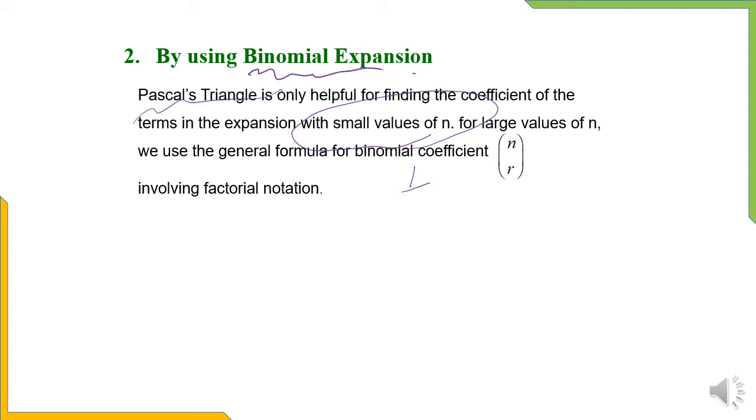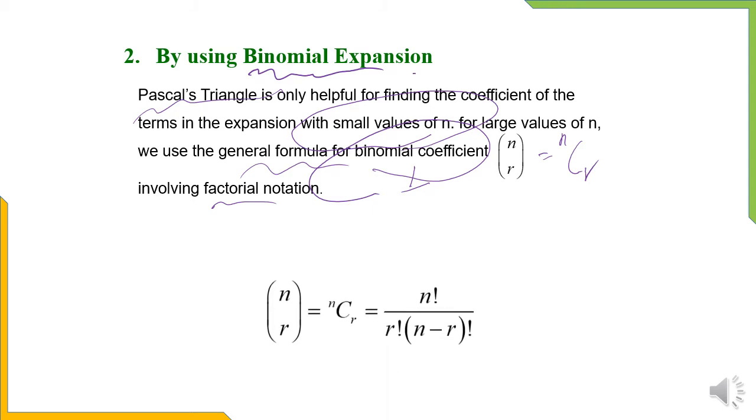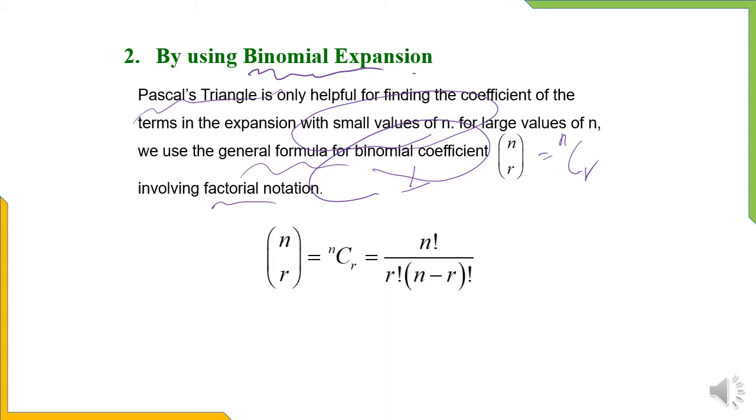So for large values of n, we use the general formula of the binomial coefficient, which is equivalent to n choose r. This formula involves factorial notation. So what is n choose r? It is equal to n factorial divided by r factorial multiplied by (n minus r) factorial. You have this notation in your calculator. You can directly use nCr.